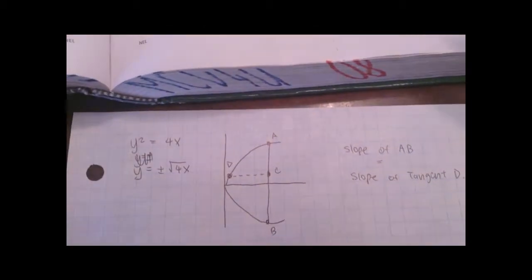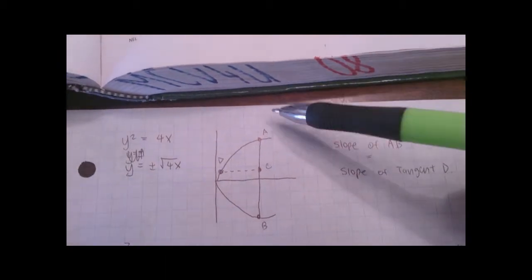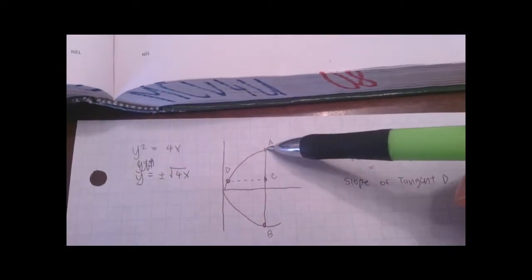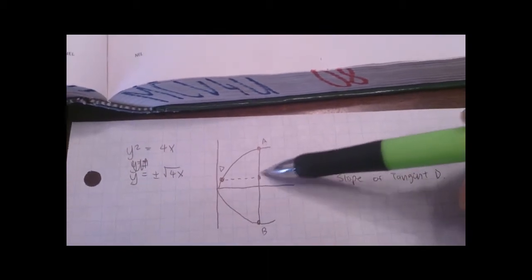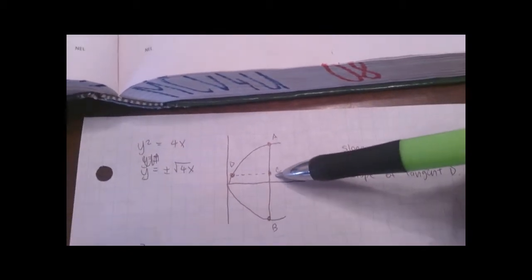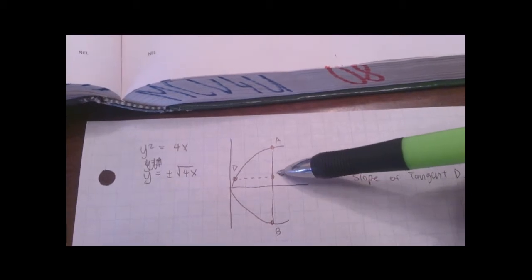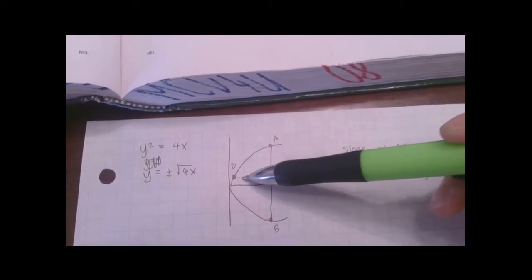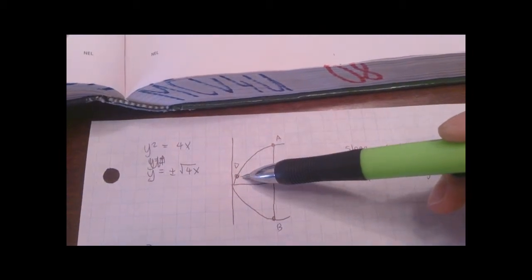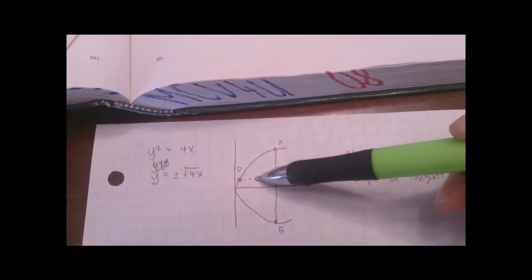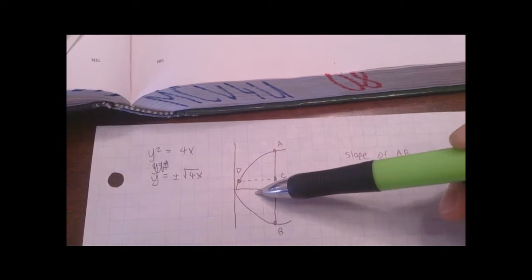And now the question says that we could pick any 2 points A and B. So I just picked here A, B, and then the midpoint C. So let's assume the midpoint's right here, C. They tell us that the point D is horizontal to C and horizontal to the x-axis.